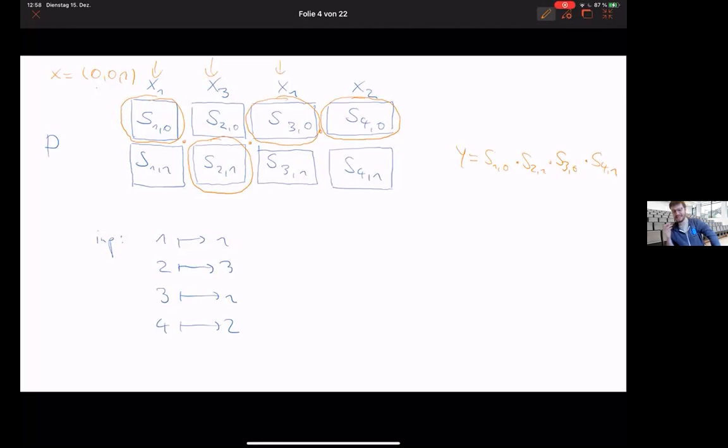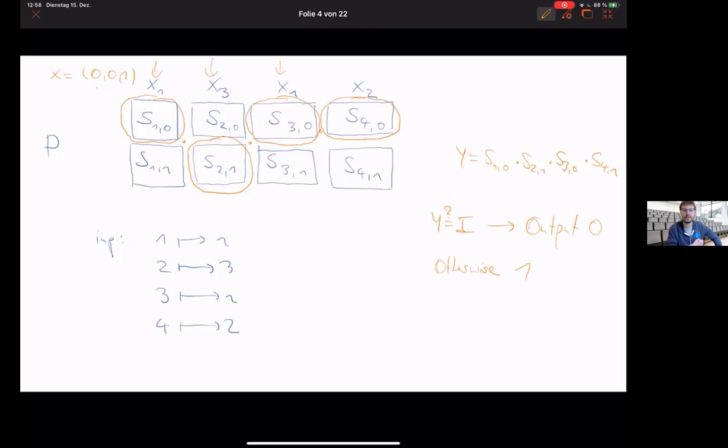And now I just have to test whether y is the identity matrix. If y is the identity matrix, so if y equals I, then output 0, otherwise 1. So this is, in some sense, a fairly simple model of computation, right?